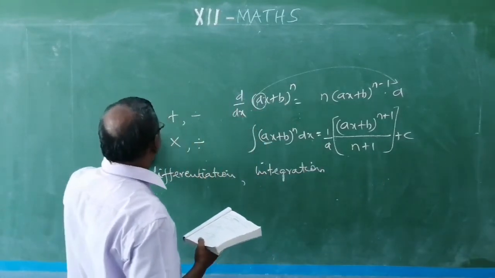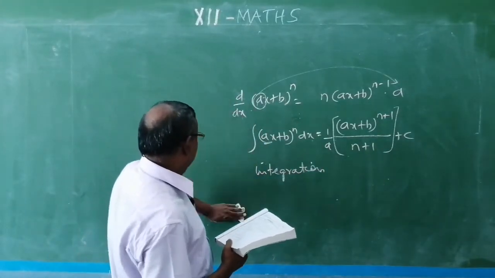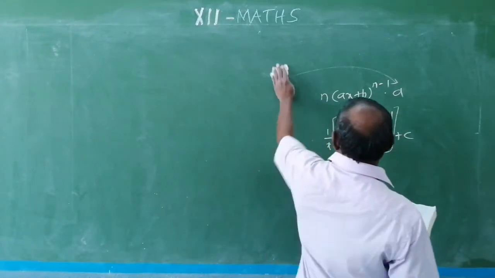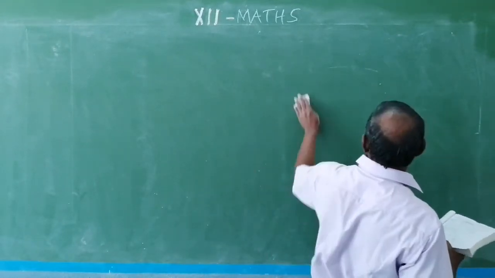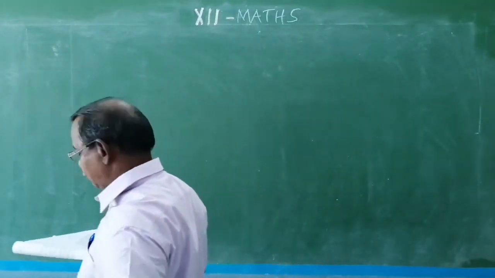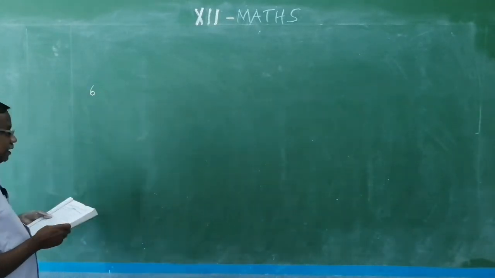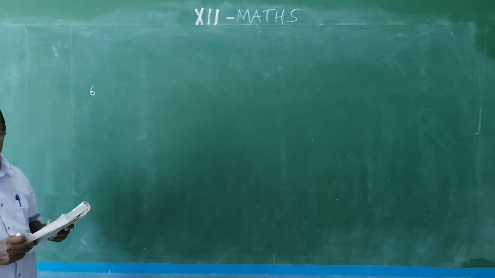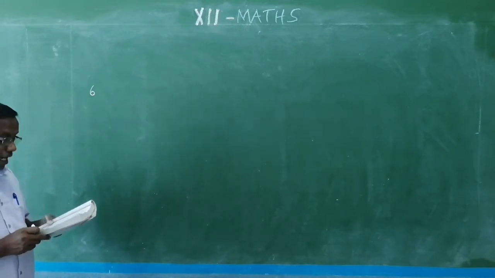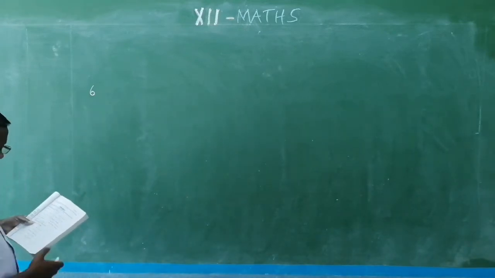Now I do the problems from the 6 selective problems. We are using integration in the 6th problem. Up to 5 we found the antiderivative by inspection, but here we have to integrate.